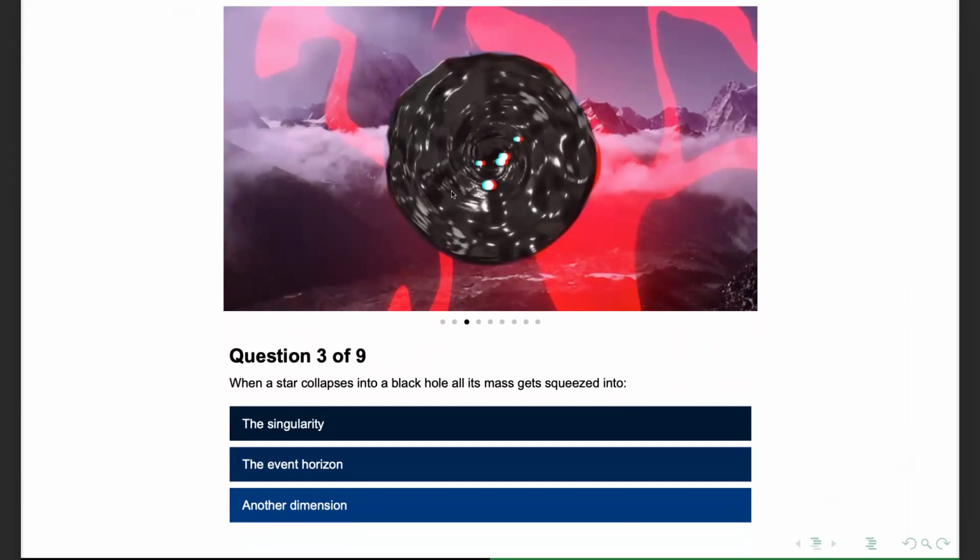But no, the correct answer according to the BBC is a singularity. So the BBC believes there's a singularity, but also note it seems to espouse the strong version, because it's squeezed. The squeeze suggests that there's a contraction. So the BBC believes in strong cosmic censorship. Well, also I have to say that there are black holes without singularity in them. So we've disproven the BBC.